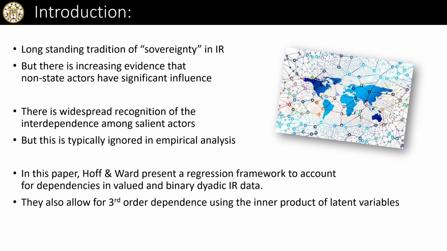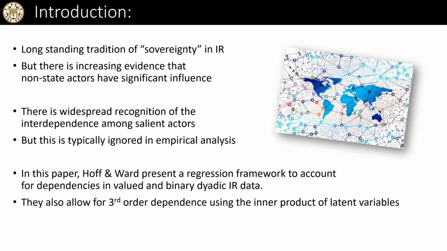And so in this paper, Hoff and Ward present a regression framework that accounts for these dependencies in valued and binary dyadic IR data. So if you're like me, you don't know what dyadic means. Dyadic just means it's directed between two individuals. It's a directed action, and it's a binary between the two actors. And so there's senders and receivers in these networks.